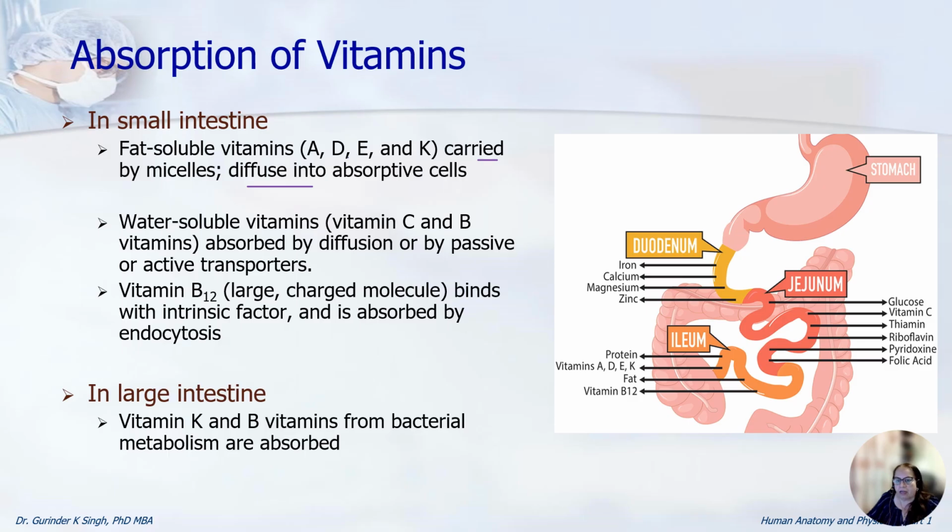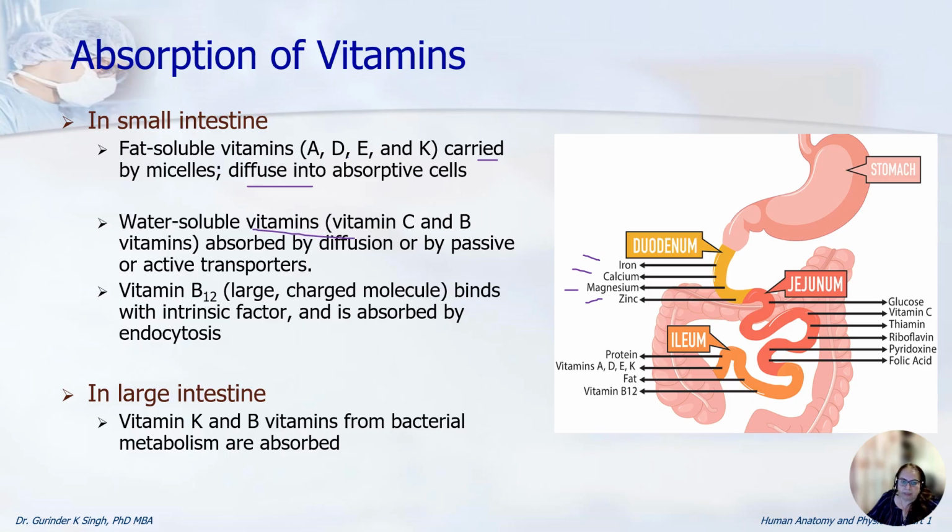Most of the ions like iron, calcium, magnesium, and zinc are absorbed in the duodenum. The jejunum absorbs your glucose, vitamin C, B12, all the B vitamins, pyridoxine, folic acid, etc. They're all done in there.